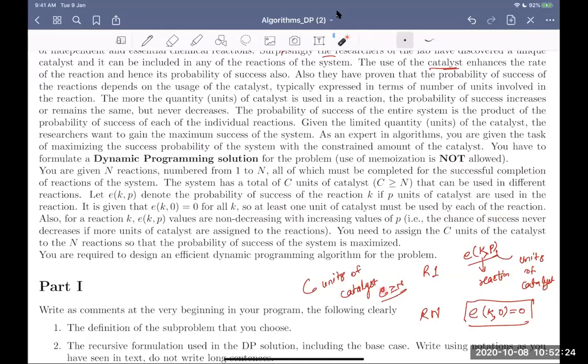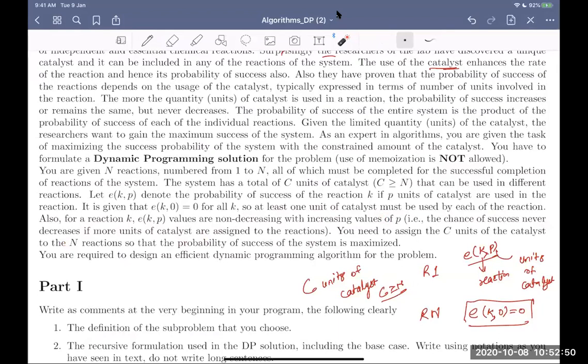That is why C greater than or equal to n helps: you have sufficient units to use at least 1 for each reaction. Also, as mentioned in the problem earlier, for each reaction K the E_KP values are non-decreasing. As you increase P, they never decrease. So the chance of success never decreases if more units of catalyst are assigned to the reactions.